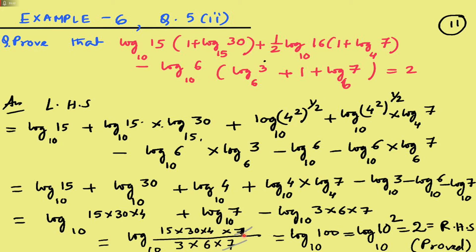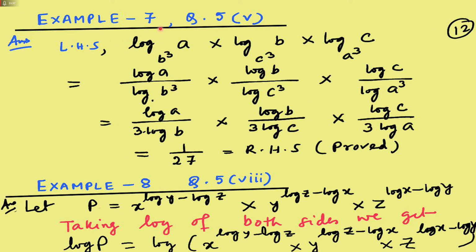Now cancel 7 7 and just complete the calculation. You will have log 100 base 10, and this 100 is nothing but 10 square, so you will find 2 log 10 base 10, and that is 1, so the answer is 2, and this is in your right hand side part, so the result has been proved.